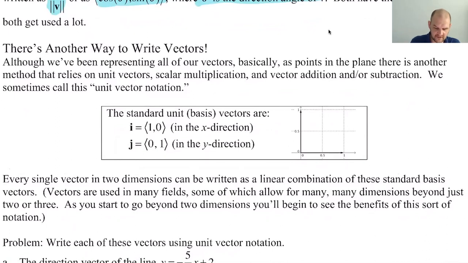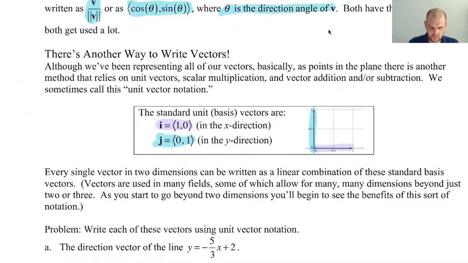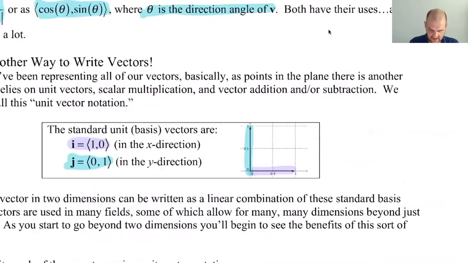So we have an i vector, which is 1, 0, and we have a j vector, which is 0, 1. In some ways, these vectors determine the x and y axes. As you do more math, you'll see that even more. So we can write any vector as a scalar multiple of these.